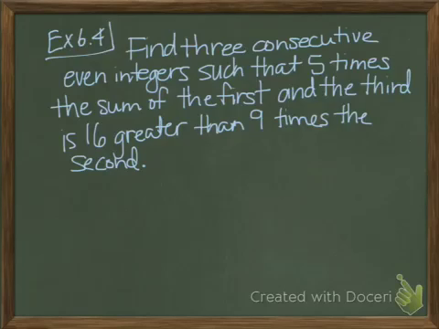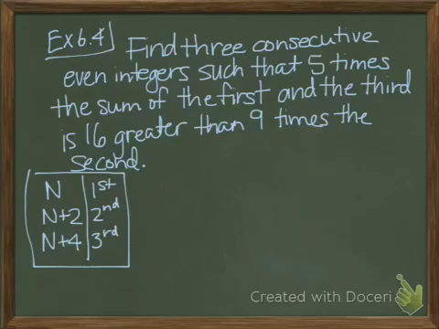So let's do one. Find 3 consecutive even integers such that 5 times the sum of the first and the third is 16 greater than 9 times the second. So the first thing that stands out, it says find 3 consecutive even integers. So we have n, n plus 2, and n plus 4. Those are our 3 consecutive integers. We have our first, second, and third one.